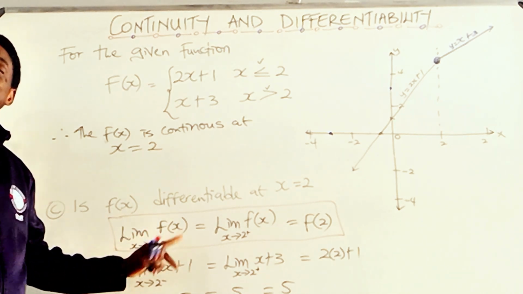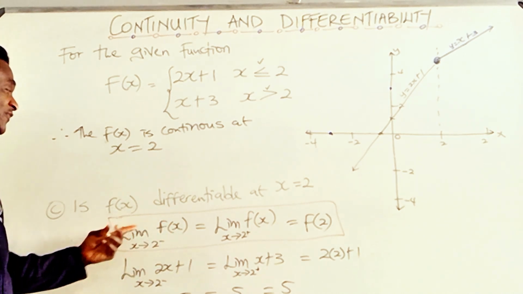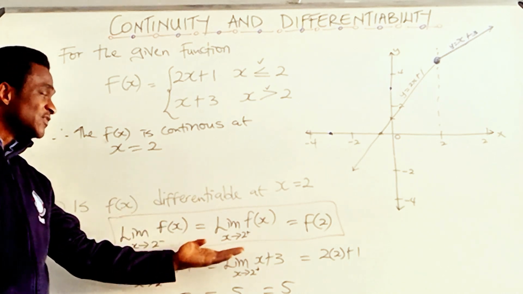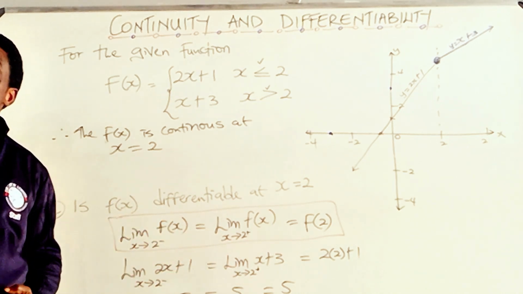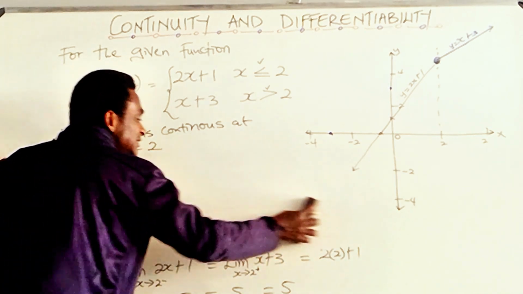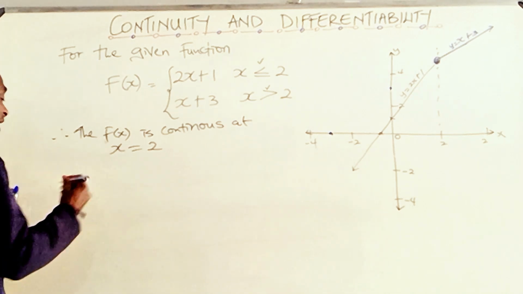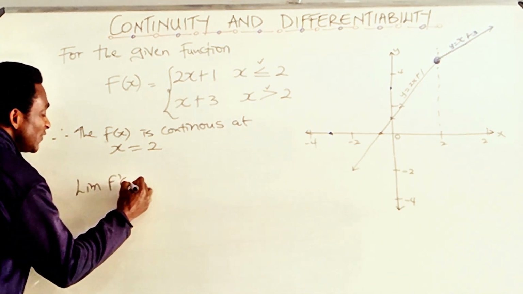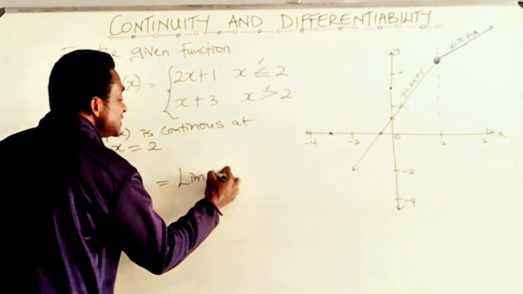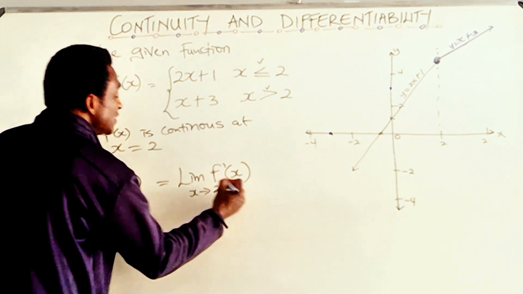Differentiability is similar to this, but what we check now is the first derivative of the limit of this function as it tends to 2 from the negative, and the first derivative as it tends to 2 from the positive.